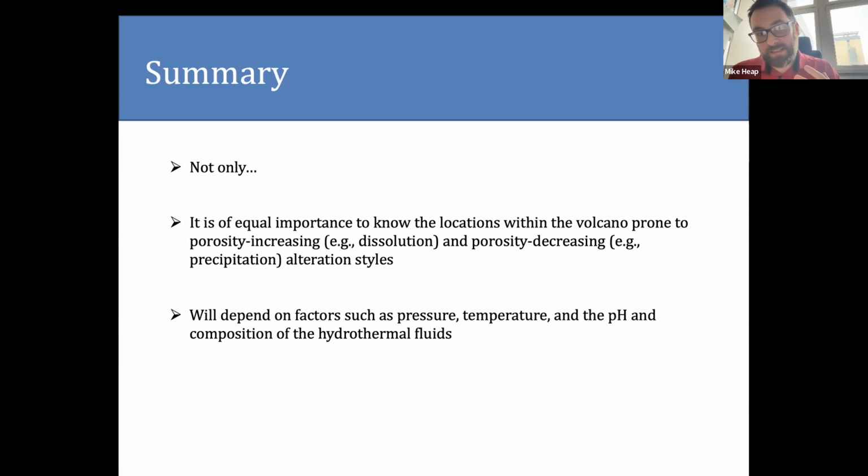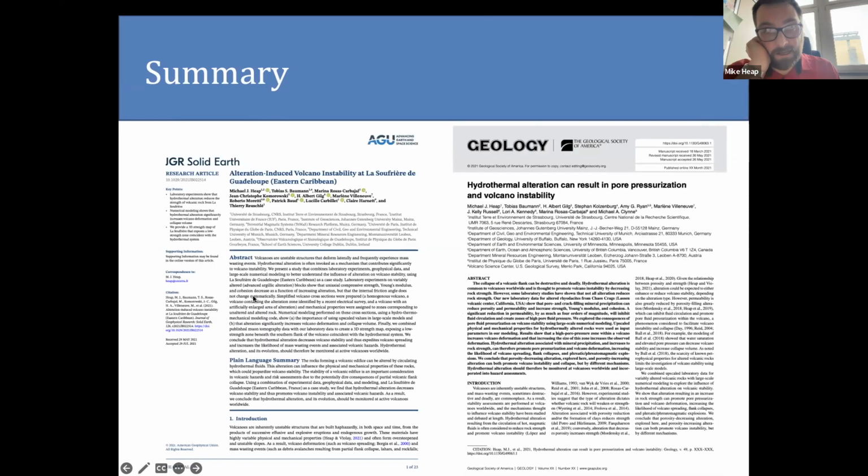And the distribution of these things, which we don't have much of a handle on, must depend on factors such as pressure, temperature, pH, and what's happening with the fluids. As the temperature of fluids decreases, it's more likely to precipitate minerals from the solution. And so the next job is trying to understand how that works exactly.